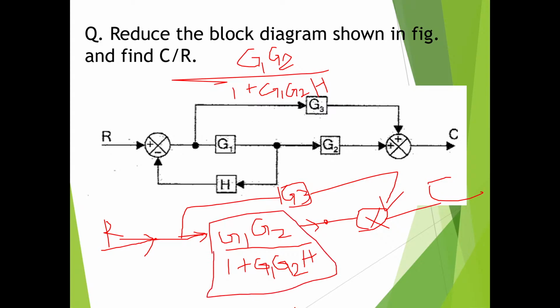So this is it. This is the block. Now what is here? Plus is there. Now how are G3 and this G1 G2 by 1 plus G1 G2H connected? They are parallel, or they are forming a cascade connection. What is this connection? Can anyone mention in the chat box? G1 G2 by 1 plus G1 G2H and this G3.